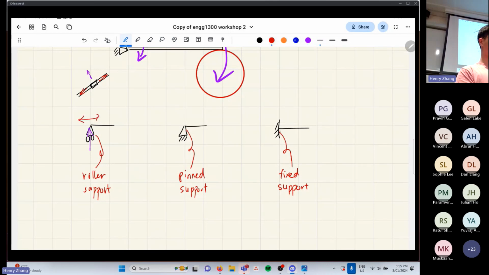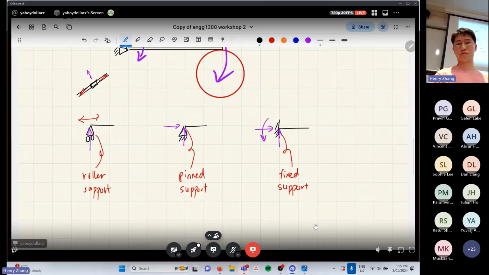A pin support is resisted in both the tangential and normal directions. And a fixed support is resisted in tangential and normal directions, and it also resists rotation, right?